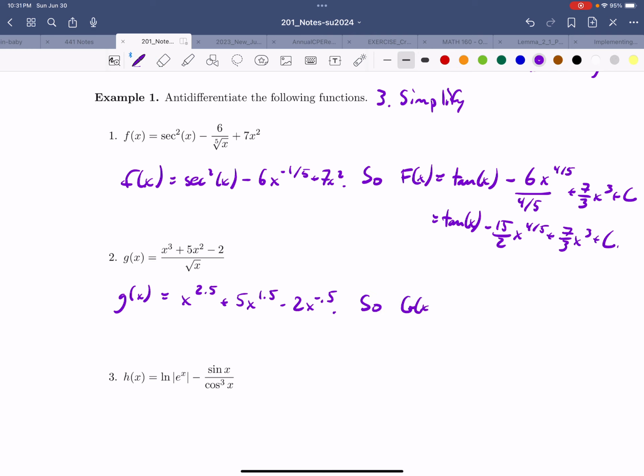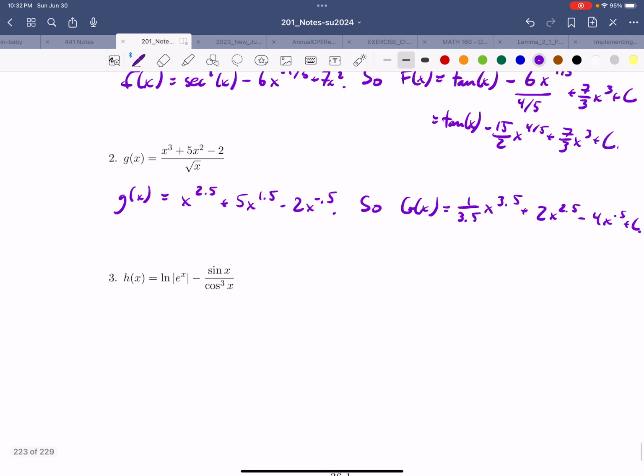So big G of x equals, I guess that's 1/3.5 x to the 3.5 plus, I guess that's 2x to the 2.5, right? Because 5/2.5, right? That's just 2. Minus, I think it's going to be 4x to the 0.5 plus c. Yeah. So I get that.